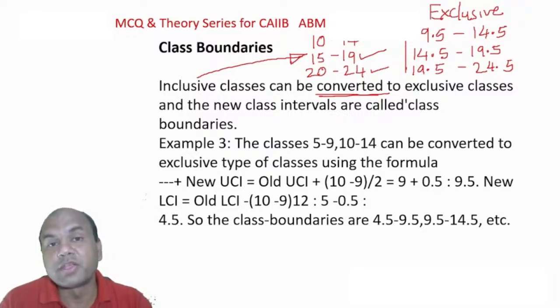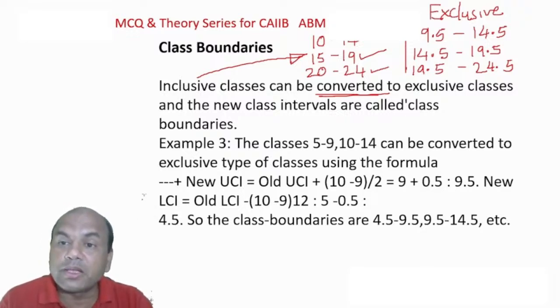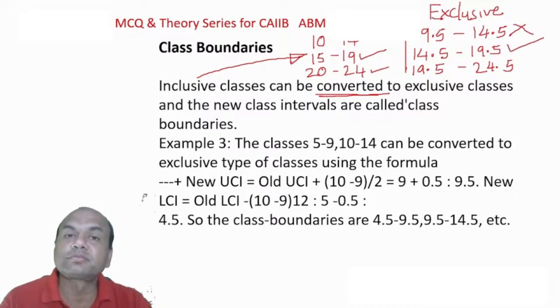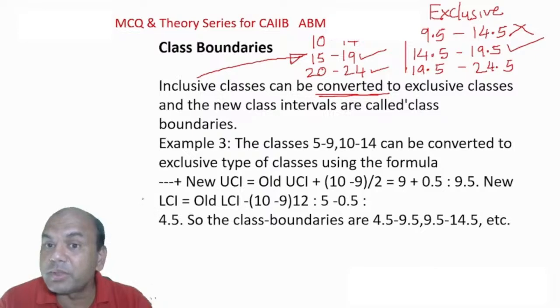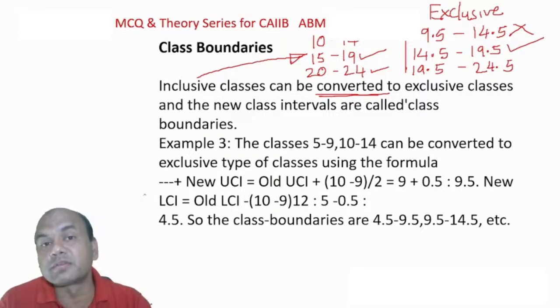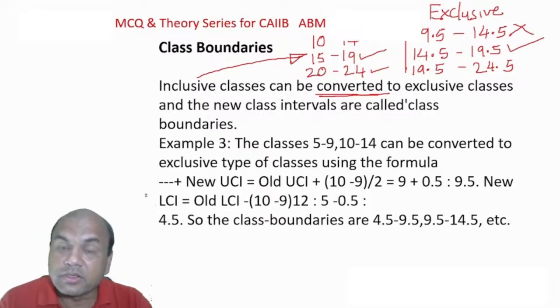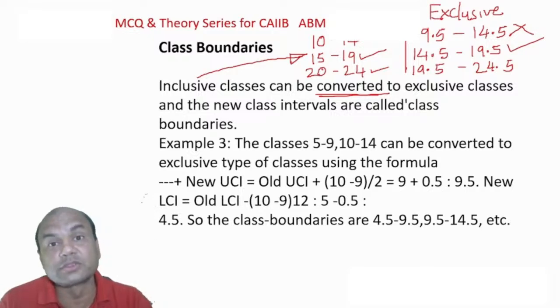That 14.5 will not be included in this, but it will be included in this. So exclusive doesn't mean both the boundaries are excluded. It can be either one boundary or both the boundaries, the upper boundary or the lower boundary. Anything is called exclusive.